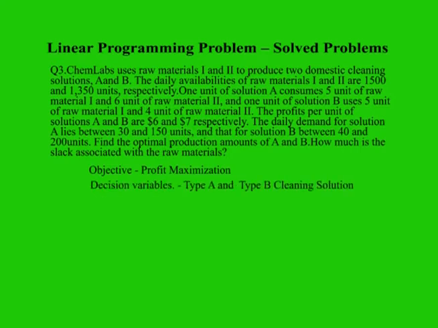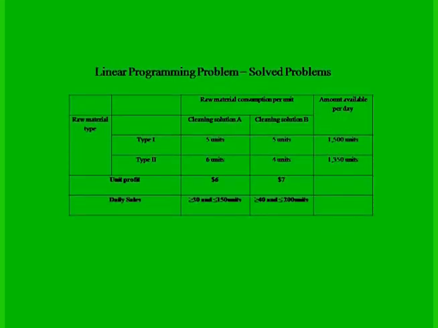The profit maximization function is limited by the availability of raw material 1 and 2 and daily sales volume of cleaning solution A and cleaning solution B. Thus, the constraints are type 1 and type 2 raw materials and each solution daily sales volume. For ease of formulating the mathematical model, let's tabulate the givens in the form like this. Having this information, let's go to solving the problem by following the steps.